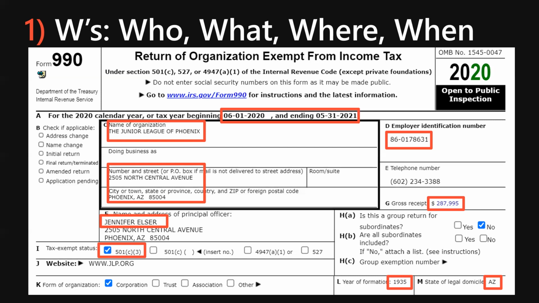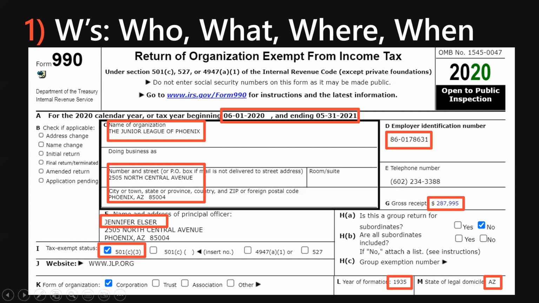We're actually citing a type of line within the tax code here. And the numbers 1 through about 30 actually correlate to different types of organizations that the government has said, we are not going to tax your business revenue. You are tax exempt. So most charities fall within 501c3.